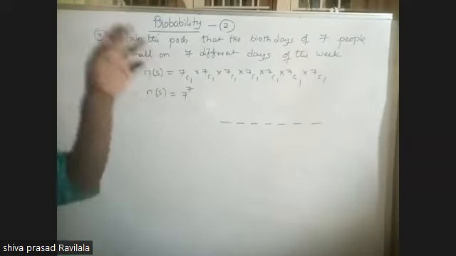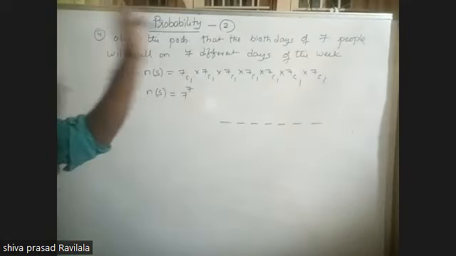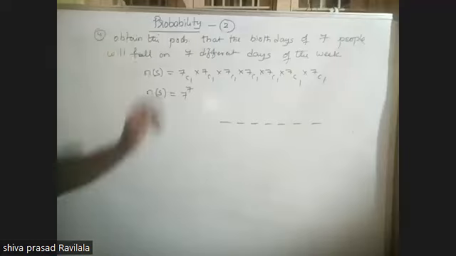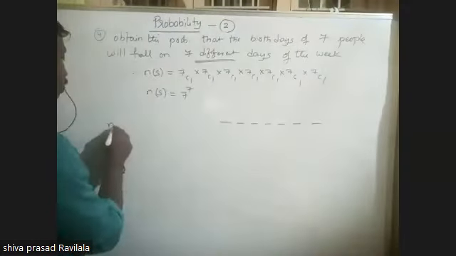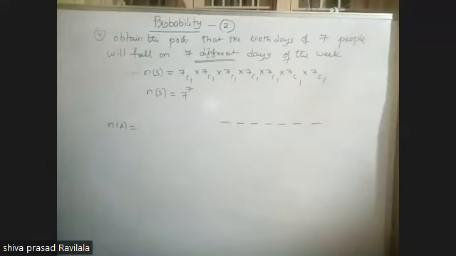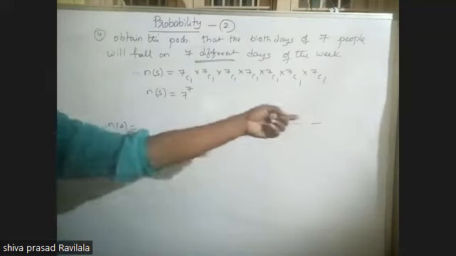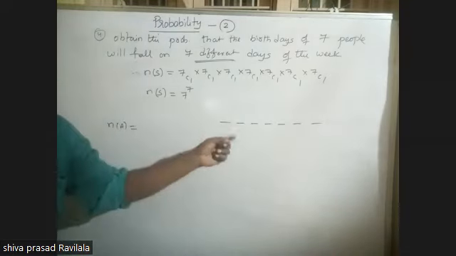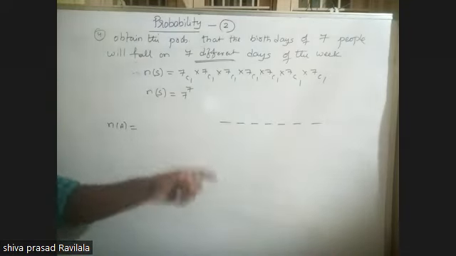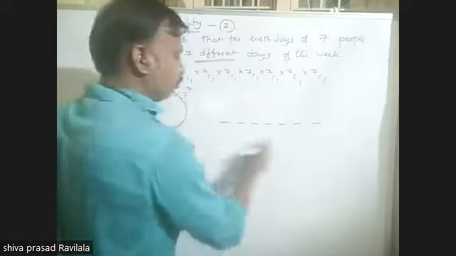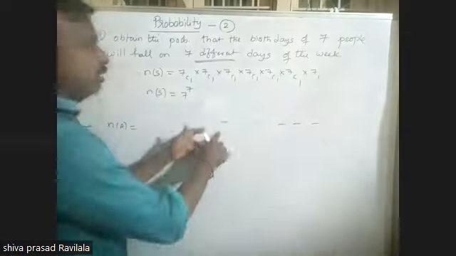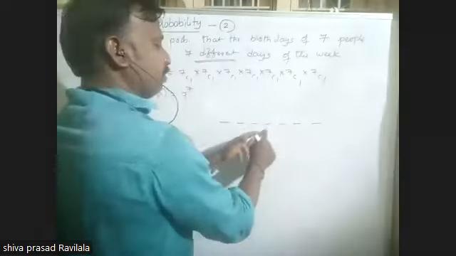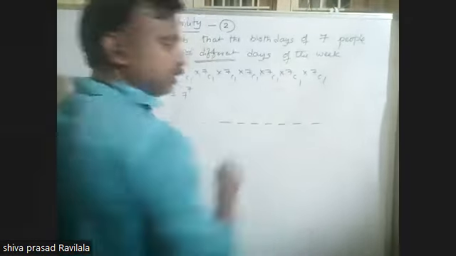How do you take n of A? For the first person, for example my birthday, I have 7 options. Next one, 6.